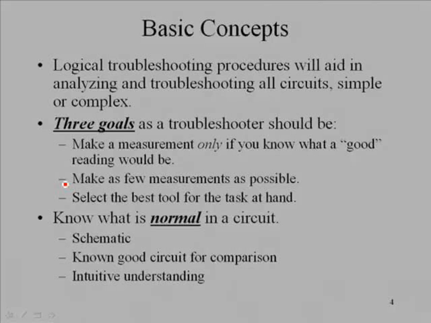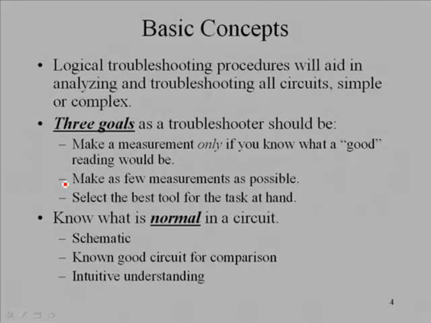And number 3, select the best tool for the task at hand. Typically electronic troubleshooting tools would be things like oscilloscopes, voltmeters, and then depending on the task, if you're out in the broadband industry, you'd probably want signal level meters. There's just a wide variety of tools out there that might be appropriate for given tasks.